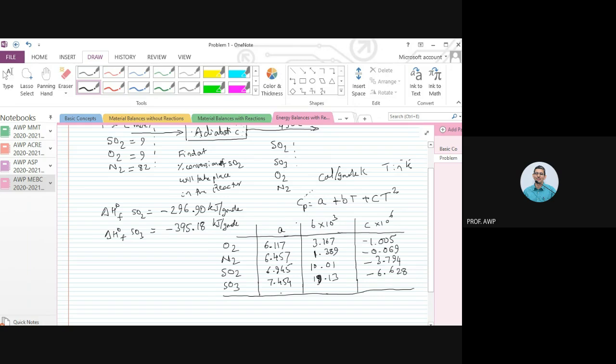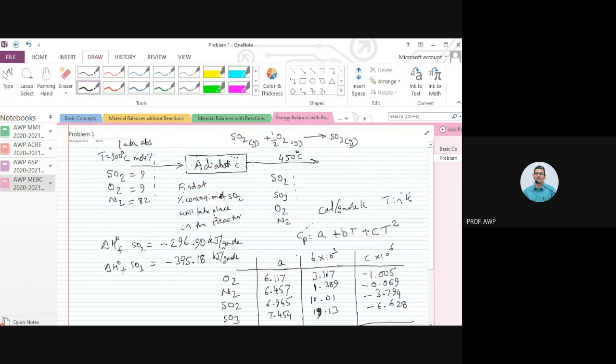Okay. So I want you to find out how much conversion of SO2 should take place in the reactor so that the outlet temperature reaches 450 degrees centigrade. Okay. Can you find this?